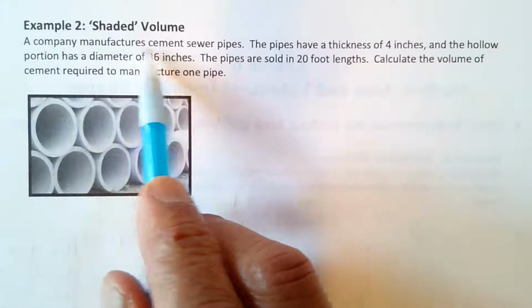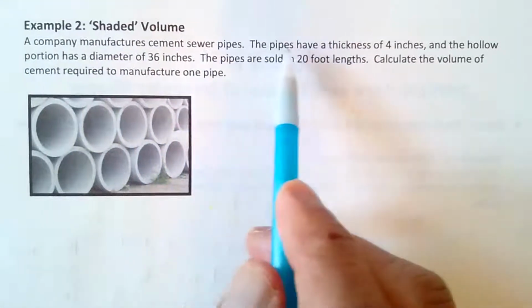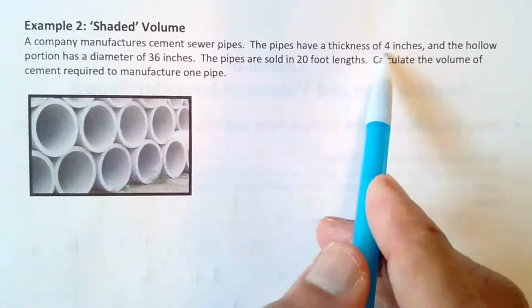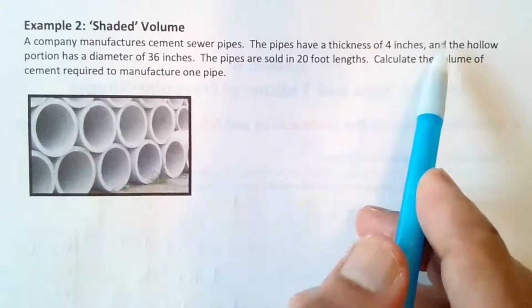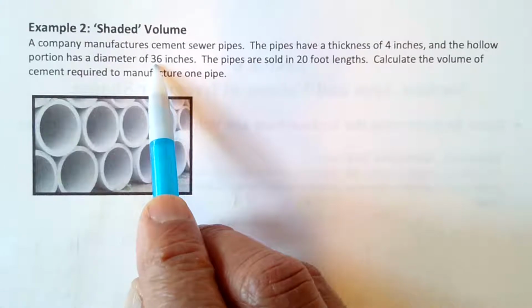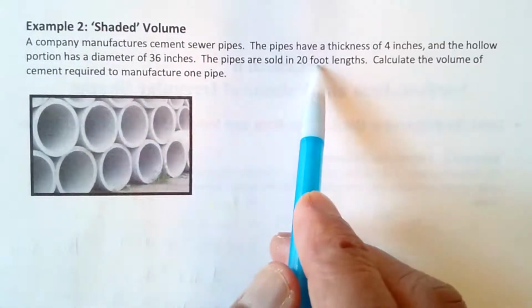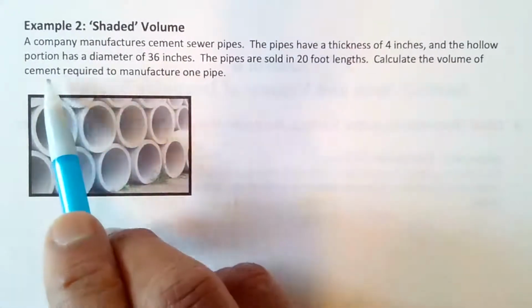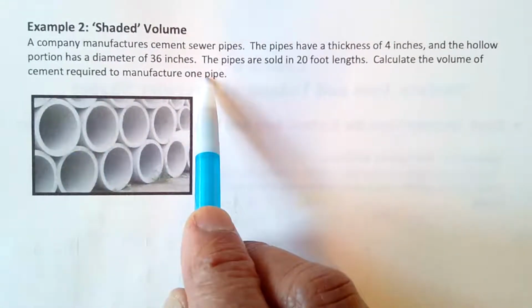So a company manufactures cement sewer pipes. The pipes have a thickness of 4 inches, and the hollow portion has a diameter of 36 inches. The pipes are sold in 20-foot lengths. Calculate the volume of cement required to manufacture 1 pipe.